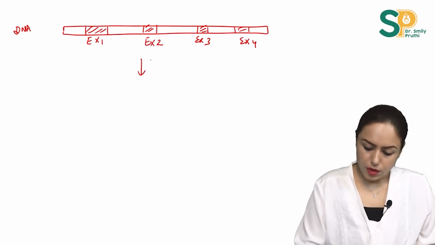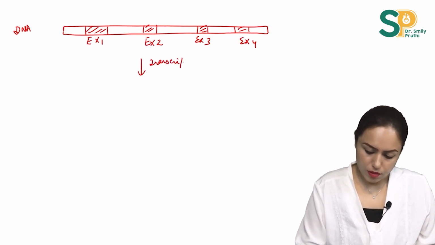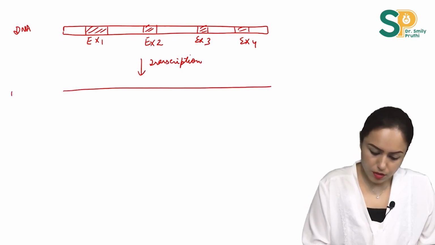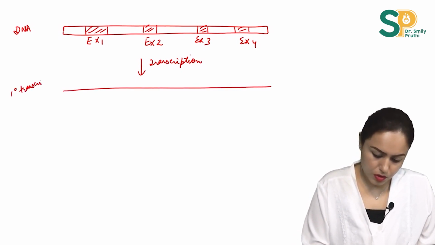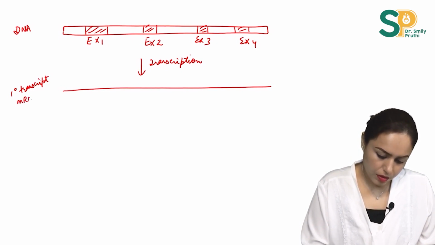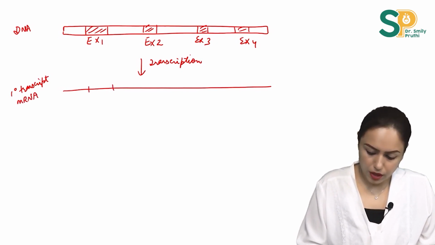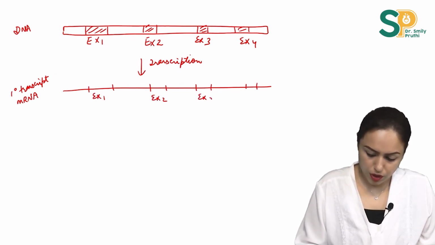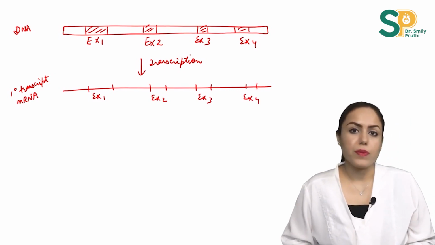So transcription will occur and we get primary transcript mRNA where we have exon as well as intron. So this is exon 1, exon 2, exon 3 and exon 4, right?